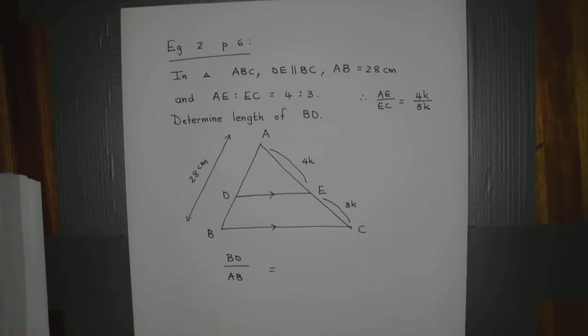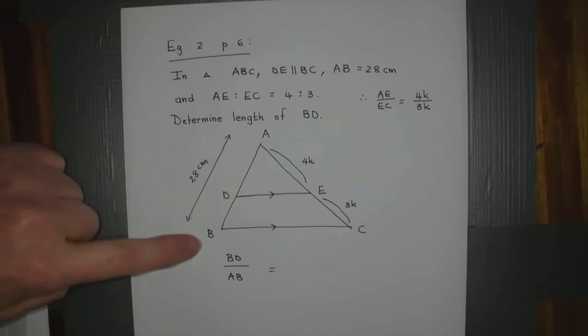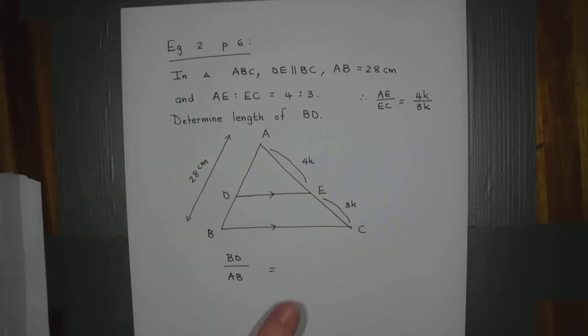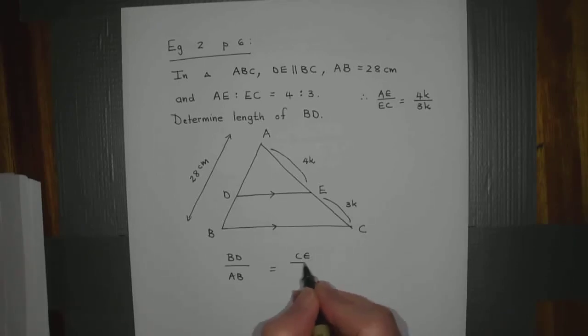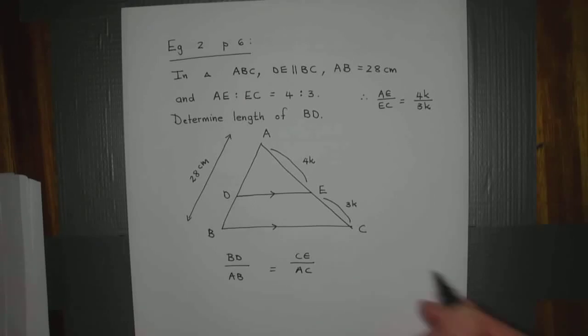So I've done my bounce on this side. I've said BD over AB. So what is my bounce going to be on the other side? It's going to be CE, absolutely, over AC. And my reason, because obviously this is Euclidean geometry, so we require reason, is DE is parallel to BC in triangle ABC.